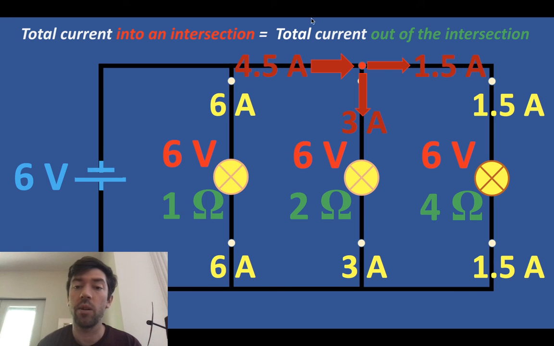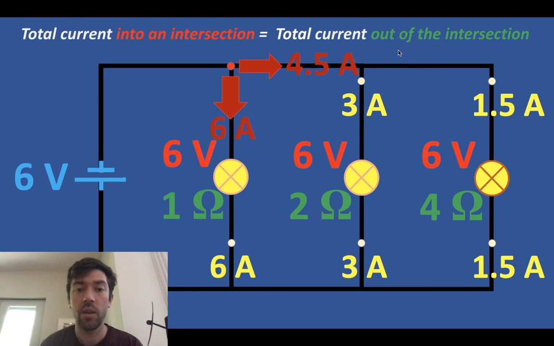And so therefore, this current right here, which is coming in, is equal to the total of these two, 4.5 amps. Same thing here, 4.5 and 6 going out, which in total is 10.5. So therefore, the current over here, which we didn't actually know already, is 10.5. And that means that the current at the battery is 10.5 amps. So we have now solved the current at the battery, which was not previously known.